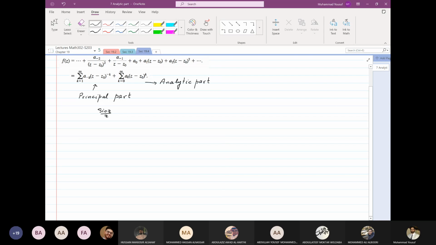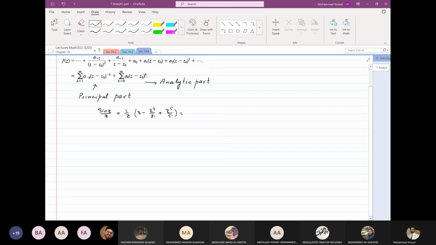This is not defined at z equal to 0. z equal to 0 is a singularity. But when we expand sine z, we get z minus z cube over 3 factorial plus z power 5 over 5 factorial.